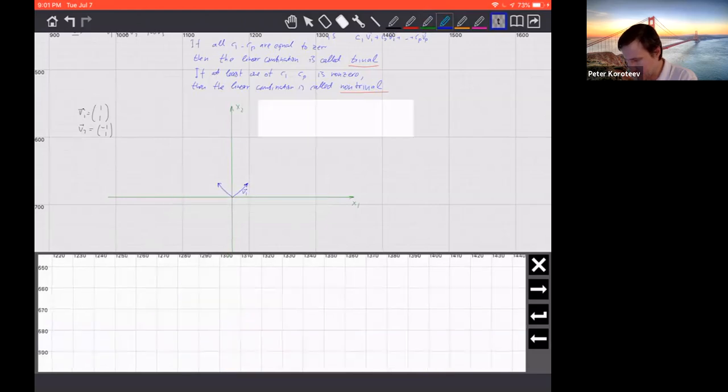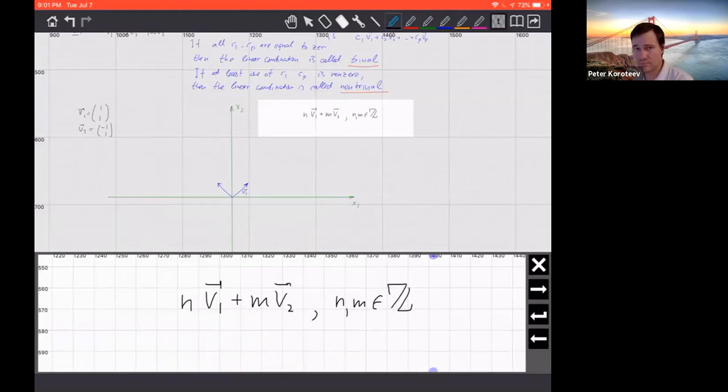And the linear combinations look like this. We have numbers n v1 plus m v2, where n and m are integers. Right? So for example, let's look at n equals 1, m equals 2. So 1 times v1 plus 2 v2. Where is this point?